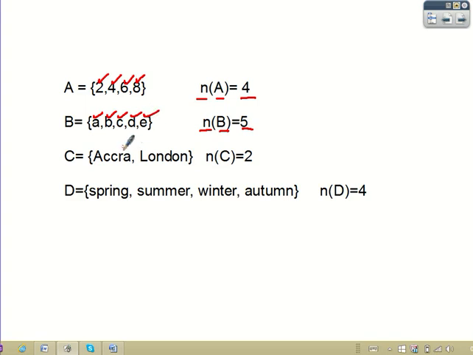I hope you see that. In the next example, we are told that in set C, the number of elements of set C are 2. 1, 2. And in the last example, we are shown that the number of elements of set D equals 4. We can all see that.